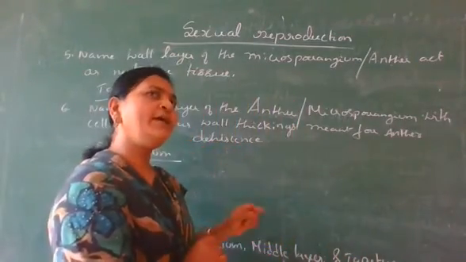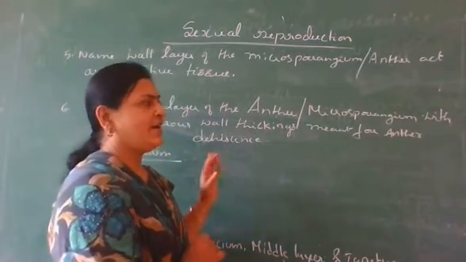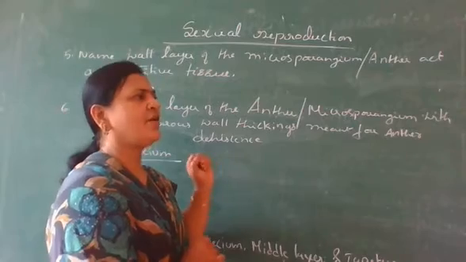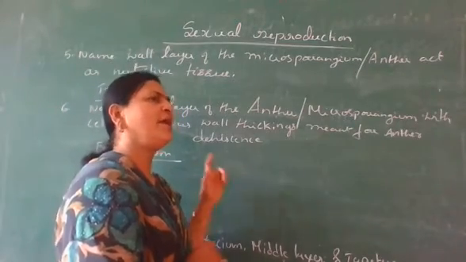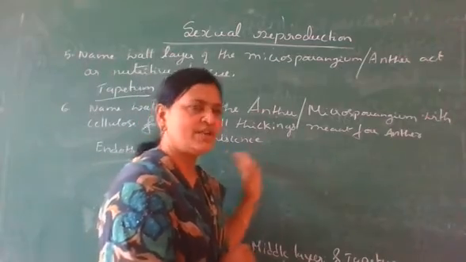Name the wall layer of the anther where the fibrous thickenings are absent and which forms a stomium. Again the answer is endothelium.